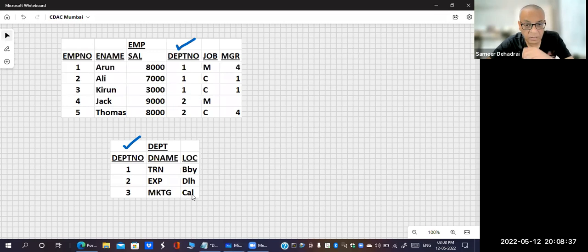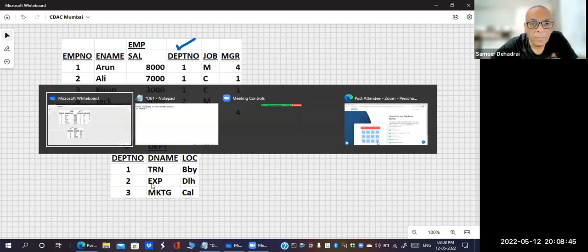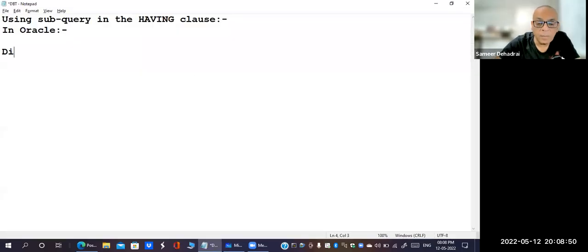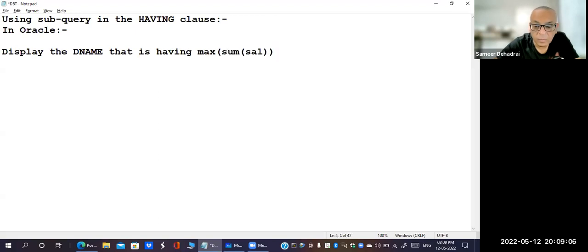The problem statement is: display the DNAME that is having the max of sum of sal. You understood the question? If you observe my EMP table, see the screen.